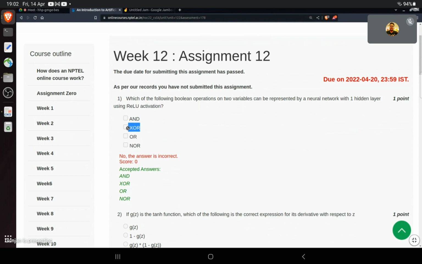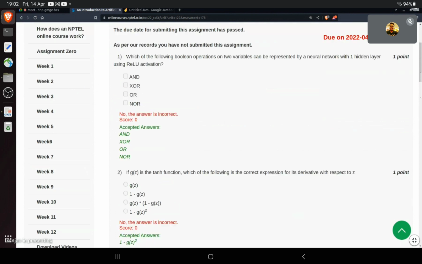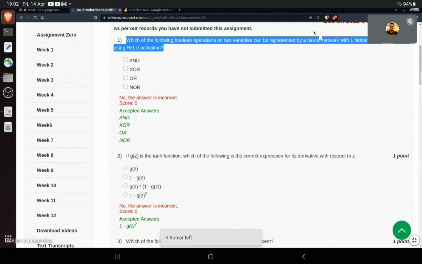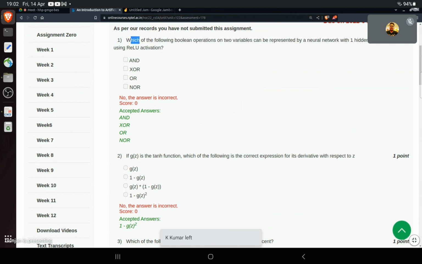So with one neuron, XOR cannot be realized. But with one hidden layer, although they should also mention how many neurons are in the hidden layer. You need only two neurons in the hidden layer to accomplish XOR.